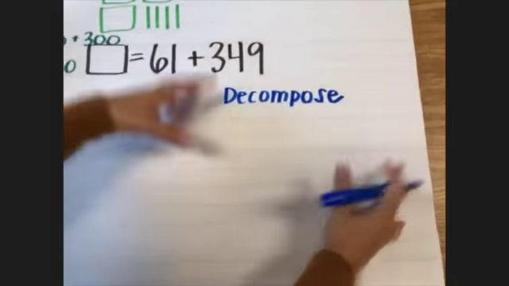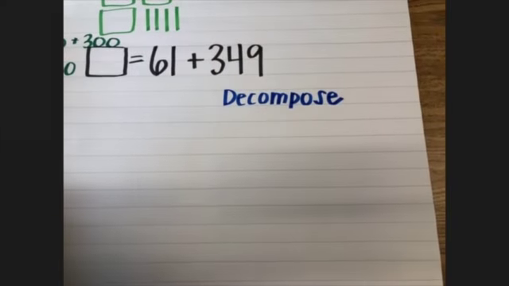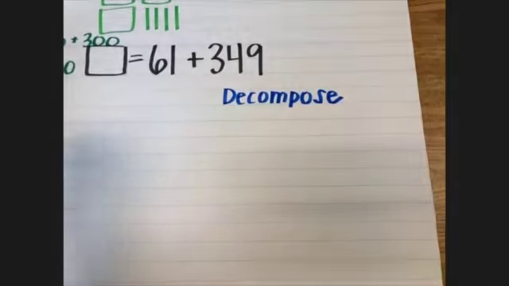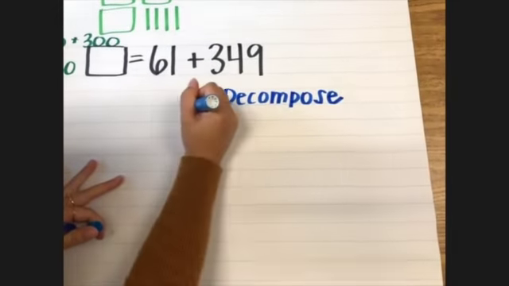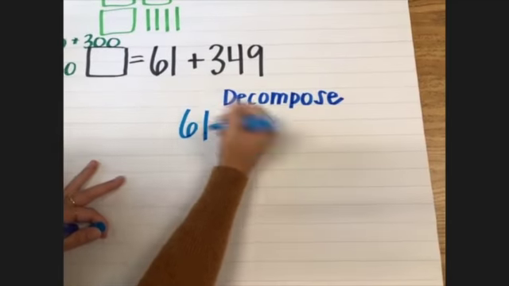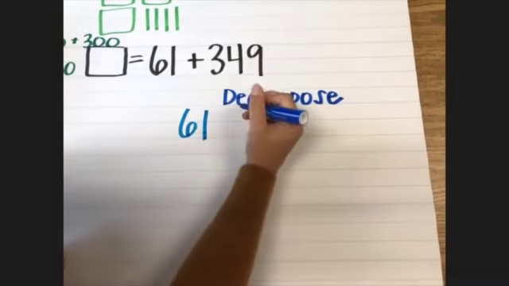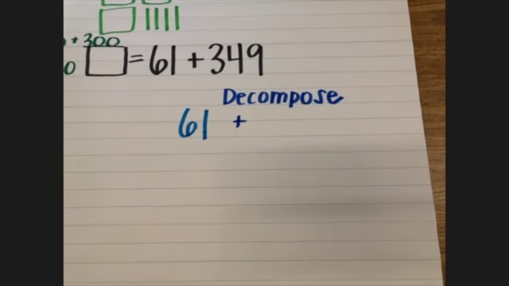Remember, when we're decomposing, it means to break apart, all right? So if I decompose my numbers, I'm going to start out with 61. And like I said, we need lots of space, okay? Plus 349.